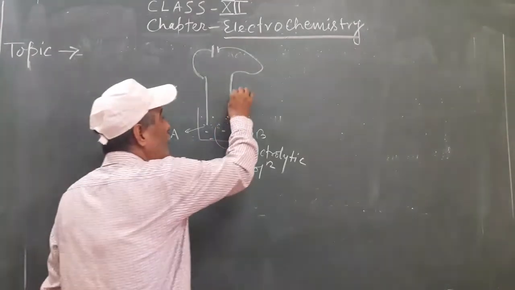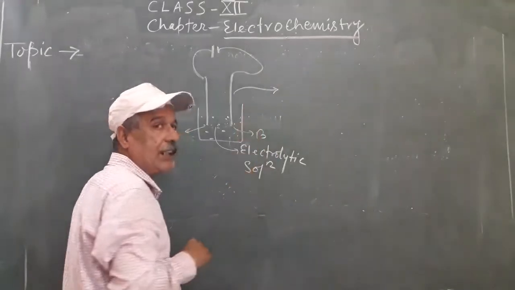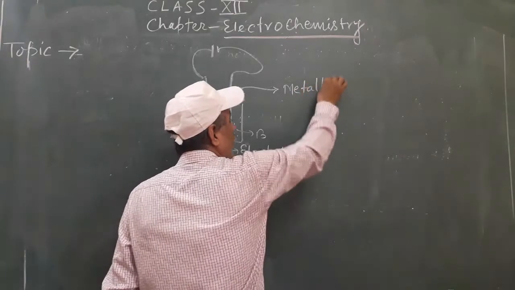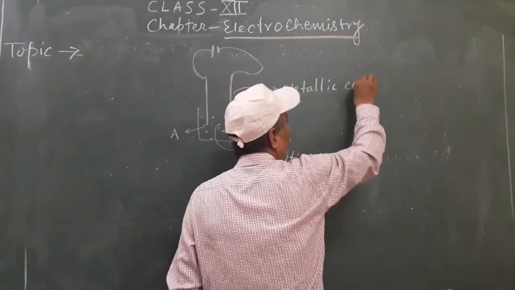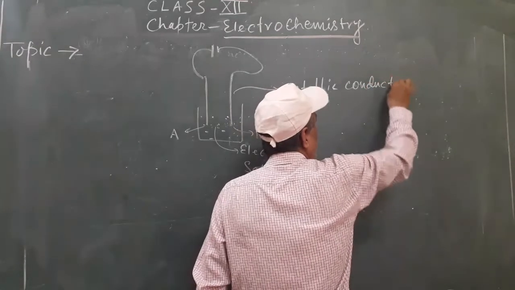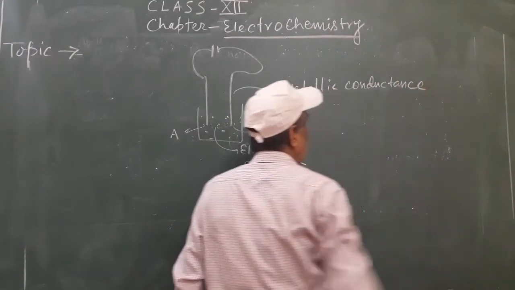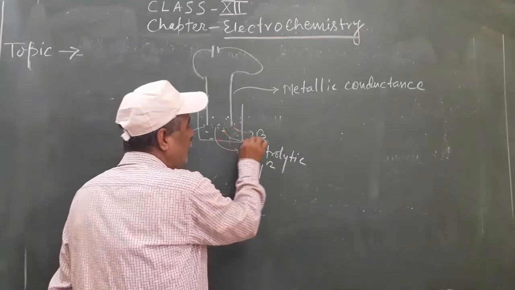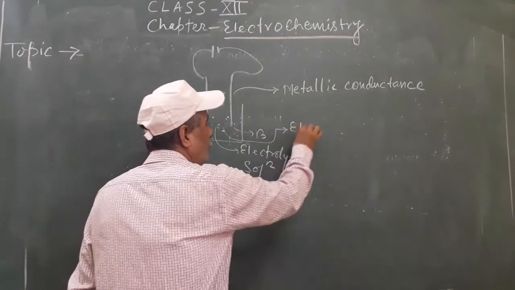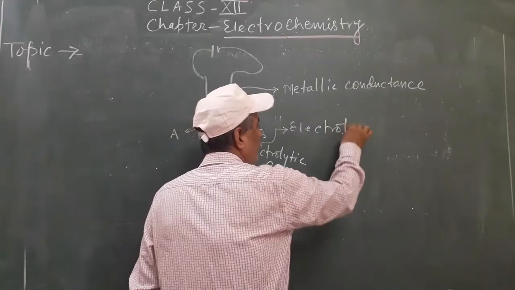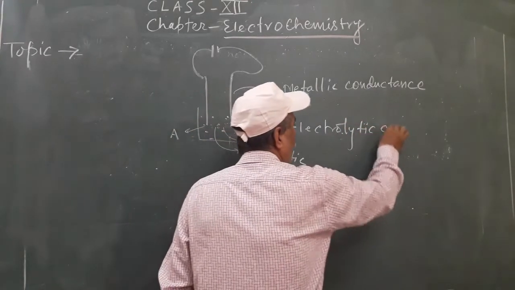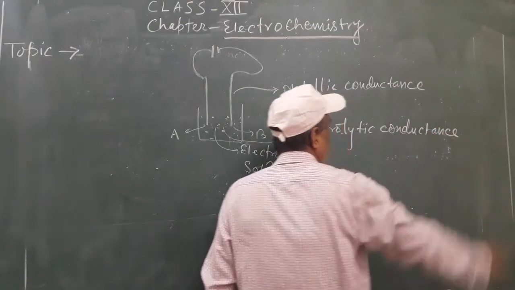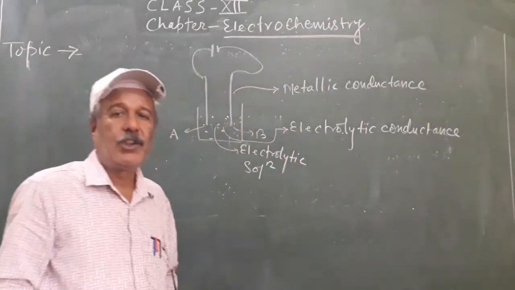When it passes through solid, it is called metallic conductance, and when it is passing through electrolytic solution, it is called electrolytic conductance.